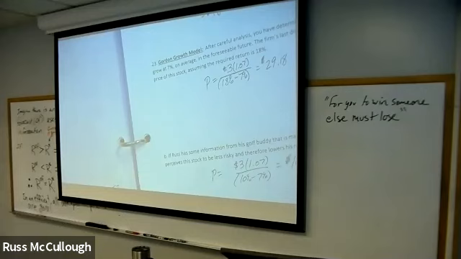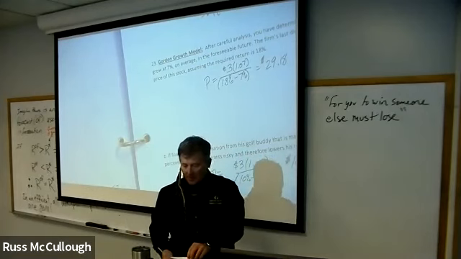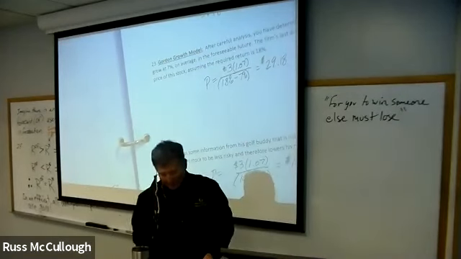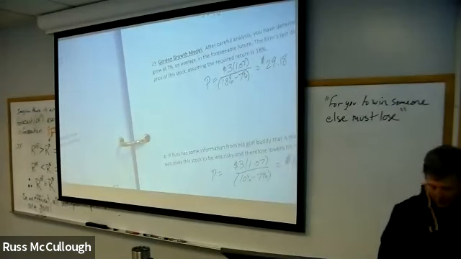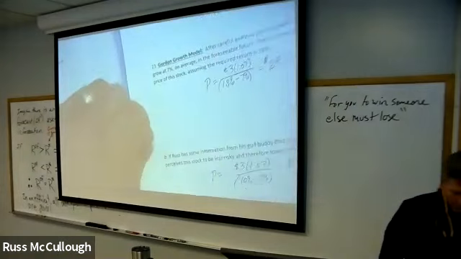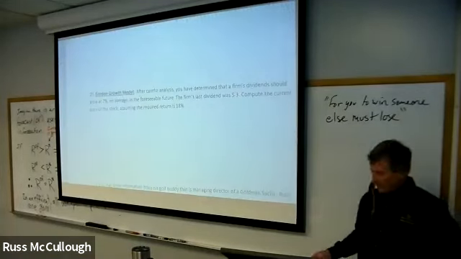Okay, so we got some problems here for you to work through. So you guys can work with your neighbors, you can move your chairs around if you want or whatever. You're going to use the Gordon growth model here on one. Well, the first one's not quite Gordon.